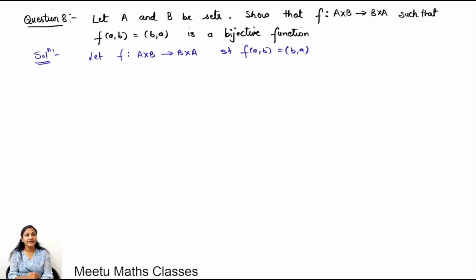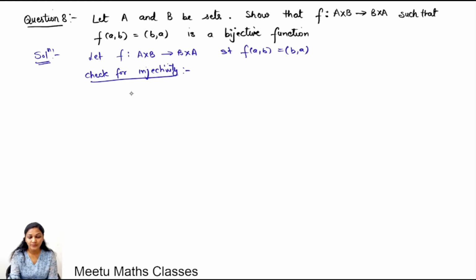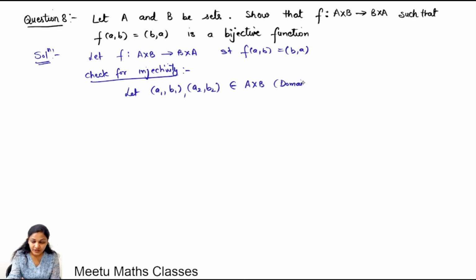Now we are supposed to check this function for injectivity and surjectivity. First, for injectivity, let us take two elements (a1, b1) and (a2, b2) belonging to the domain A cross B such that their images are equal. f of (a1, b1) is equal to f of (a2, b2).